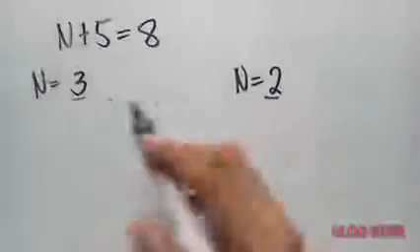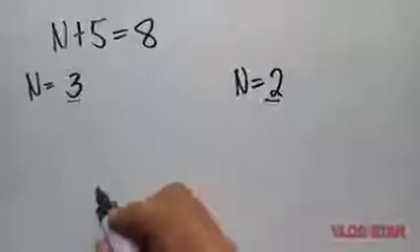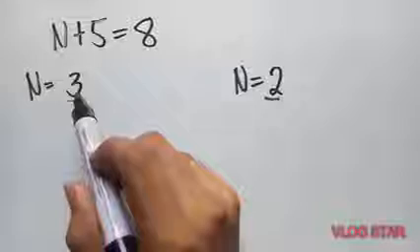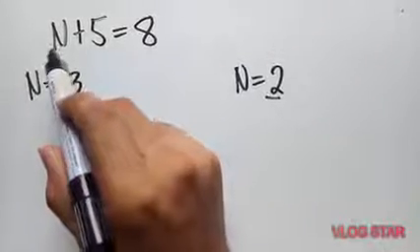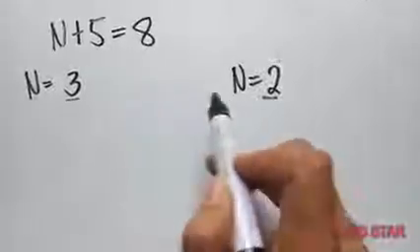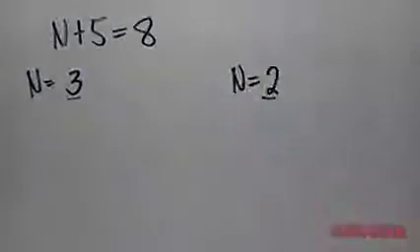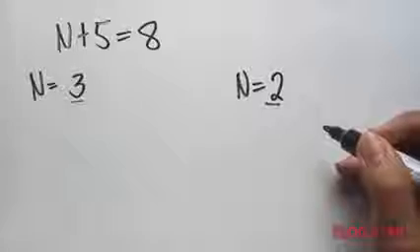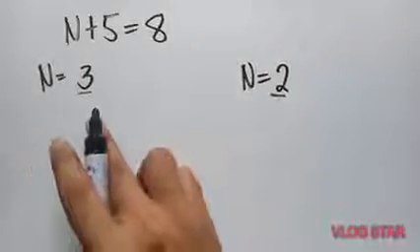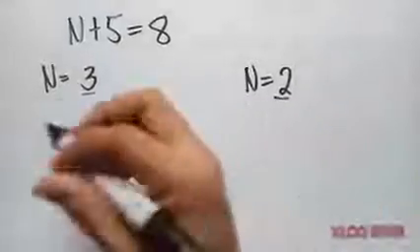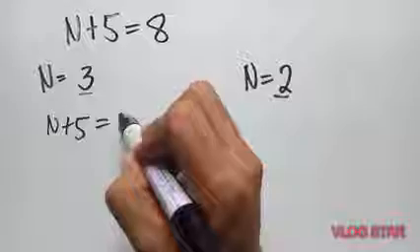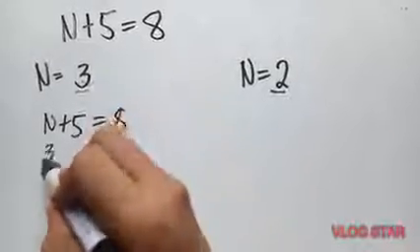We say that a number is a solution of a given equation if, when we replace n with 3, it is equal to 8, or if we replace it with 2, it is equal to 8. Then the number is what we call a solution. So let's try n is equal to 3 and n is equal to 2. Let's just replace n with 3.